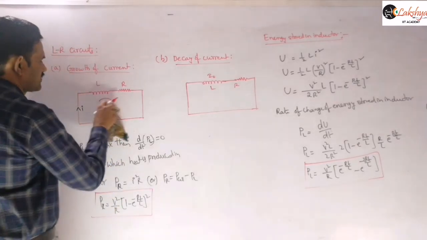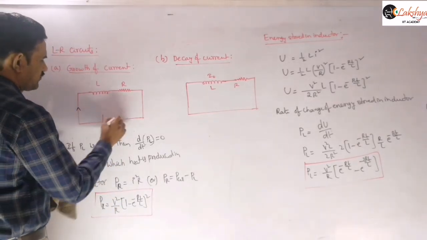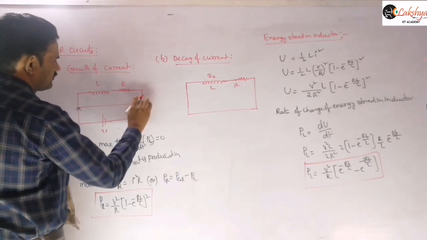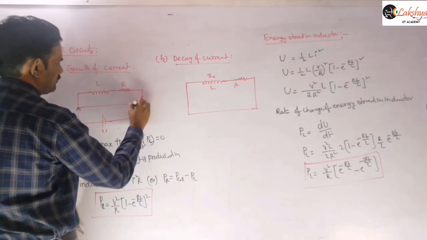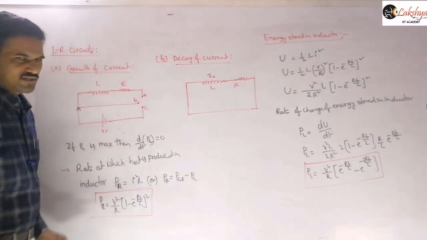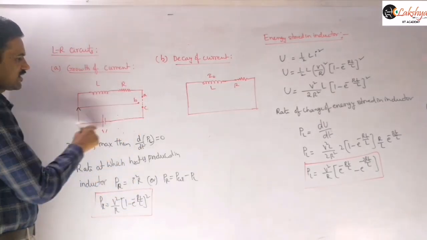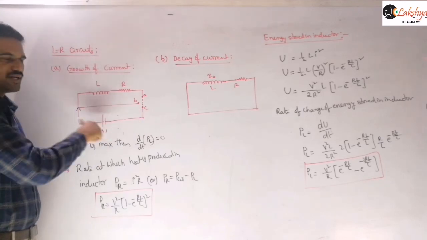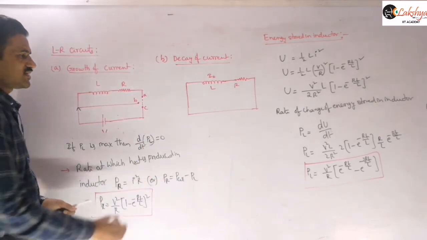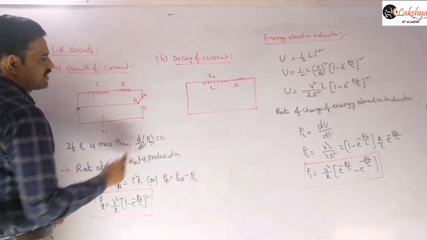Here you may consider a two-way key. Initially, say A, B, C, for example, A and C are connected. When A and C are connected, the current goes on increasing, as we discussed now. After reaching the steady state, AC is removed and the switch is shifted to AB.